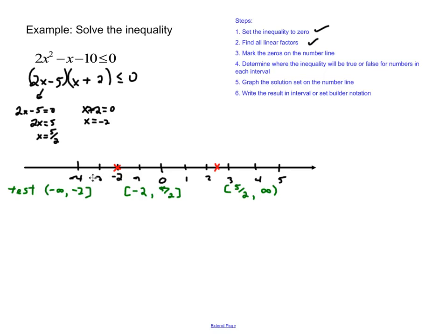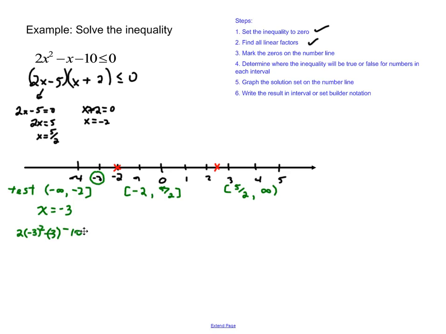Any number from inside the interval from negative infinity to negative 2 would, if it's true, show that that entire interval is true. So let's pick a nice easy one like negative 3, and let's see if it makes the original inequality true. So we're going to test x equals negative 3. What happens at negative 3? Well, we would be getting 2 times negative 3 squared minus negative 3, minus 10.